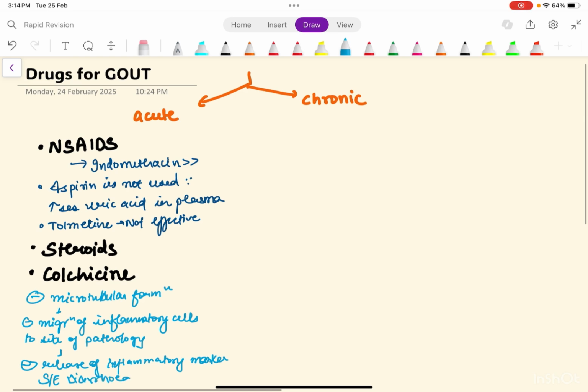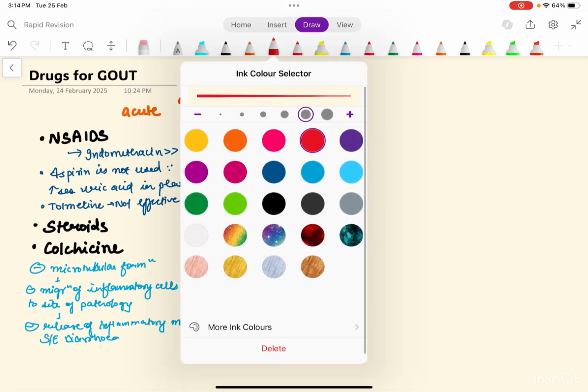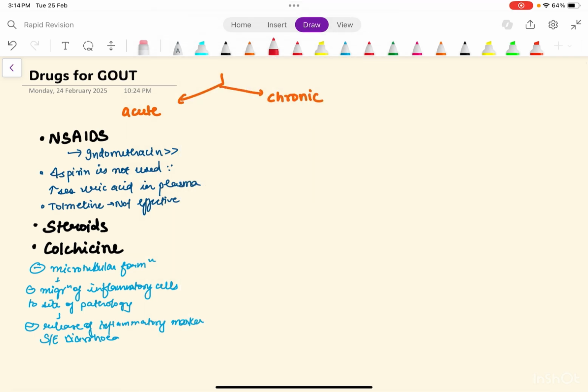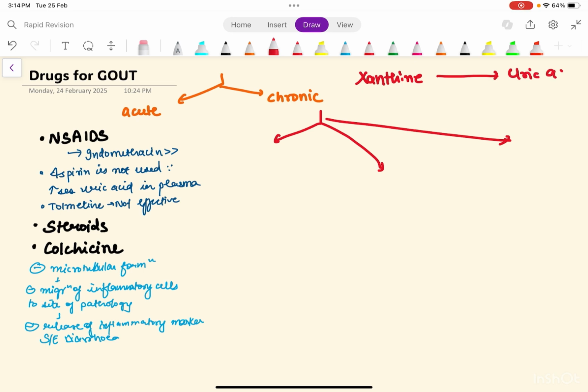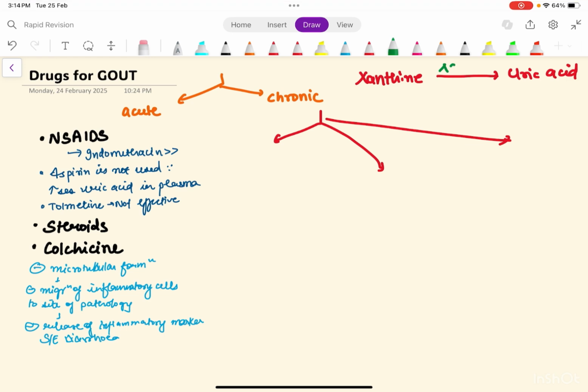All right, then coming on to the chronic treatment. Now in chronic treatment, you need to know that you can do it in three ways. All right, so the first one is basically, this is the reaction in which xanthine gets converted into uric acid by the action of xanthine oxidase.